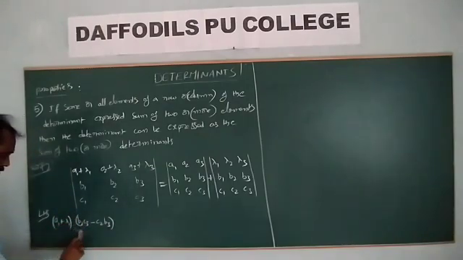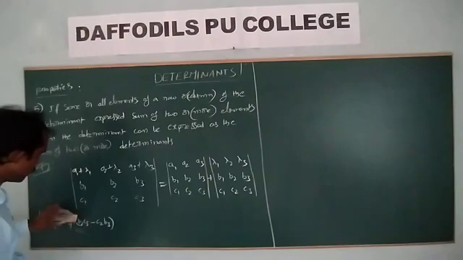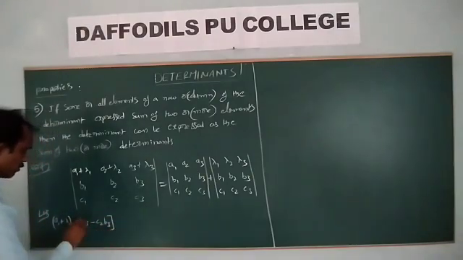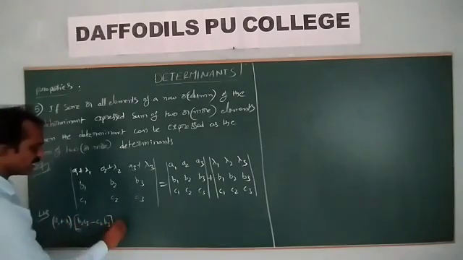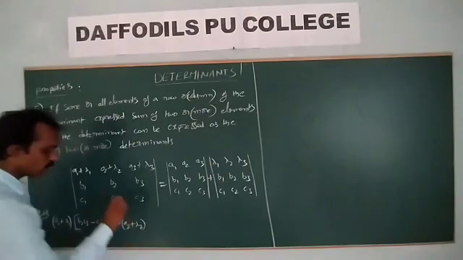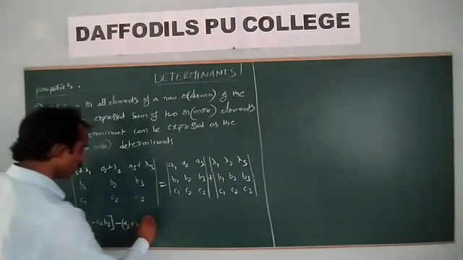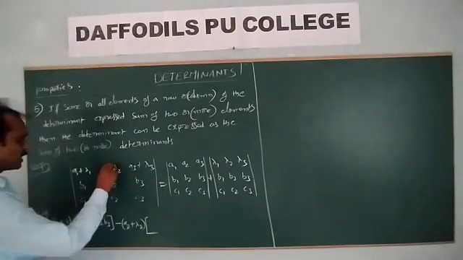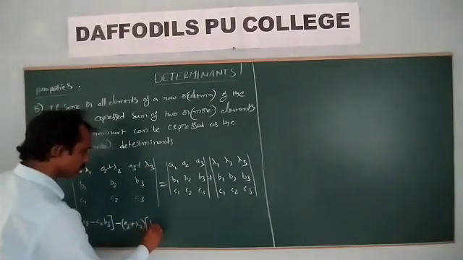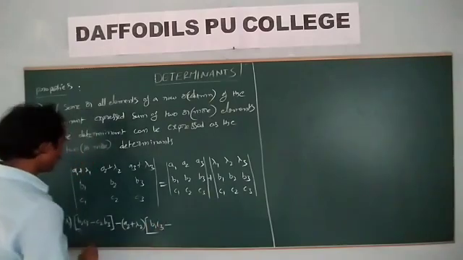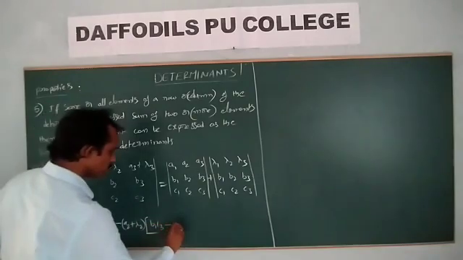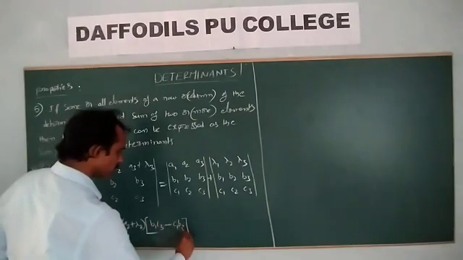Next, minus A2 plus lambda 2, of deleting this column and this row, remaining B1 C3 minus C1 B3.